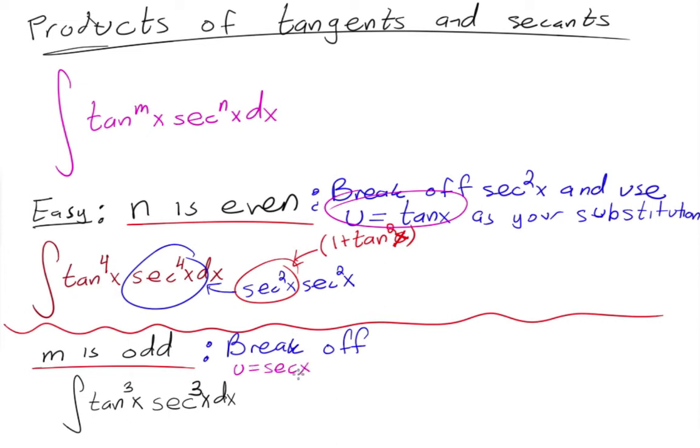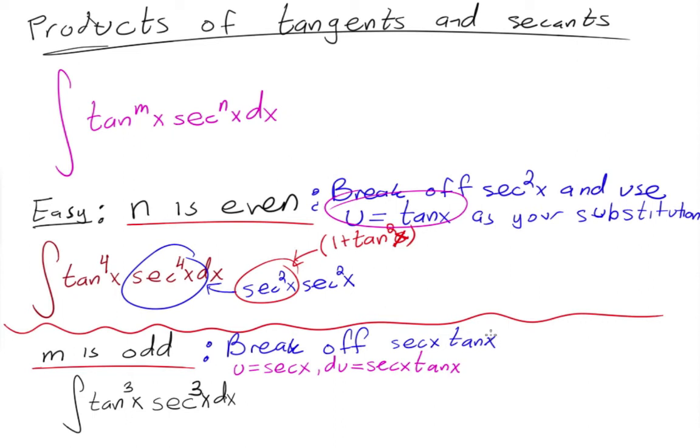What would we need inside of the integral so that would work out? Secant tangent, because the derivative of secant is secant tangent. So if tangent is odd, you can break off a secant x tan x and use this.